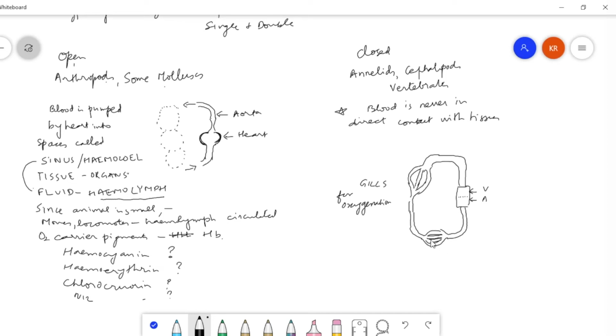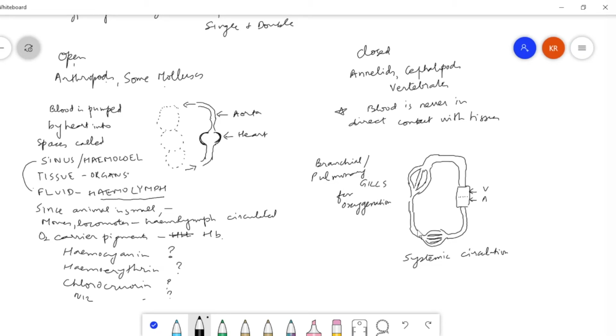This capillary network represents all the different organs, and therefore we call it systemic circulation. Here, since it is gills, we call it branchial circulation, or it can be pulmonary circulation if there were lungs. So you have branchial or pulmonary.